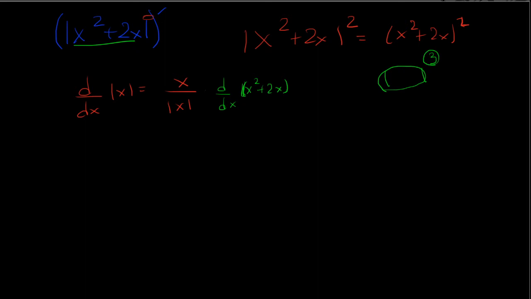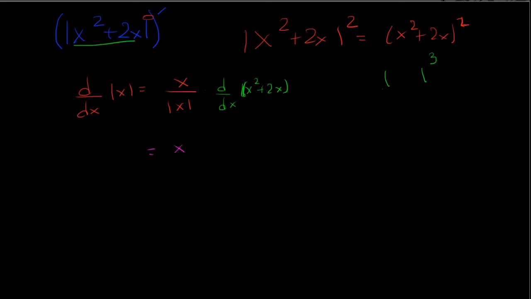Okay, here in this example, the outside is the absolute value and inside is the x squared plus 2x. Okay. So that's that.